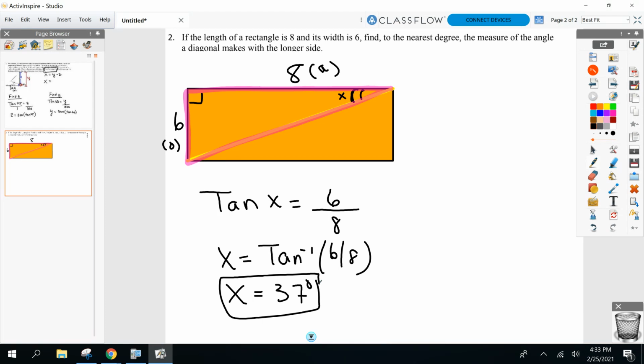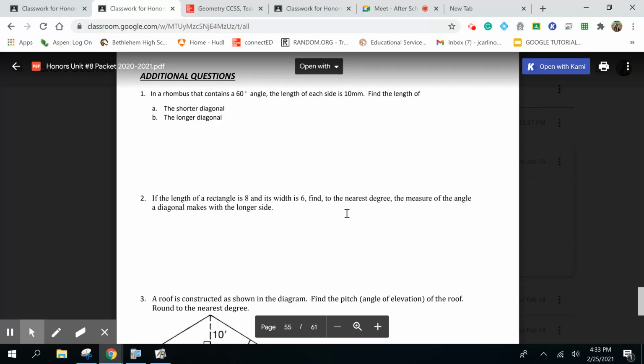Other thoughts, questions, comments, concerns? Let's keep it rolling. Can you do question 13 on the review word problems? 13, here we go.